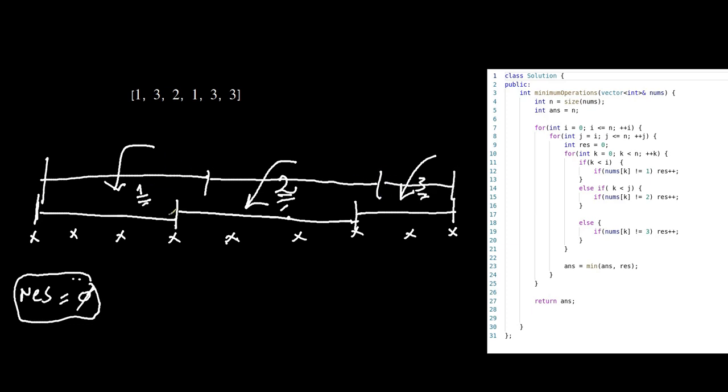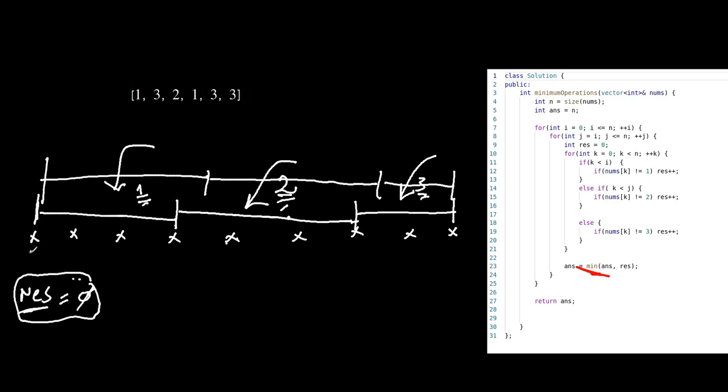So these are different combinations, and we need to find the answer for every possible length combination of these segments, and at the end we will take the minimum answer. And notice that for any of these segments, the length can be equal to 0.